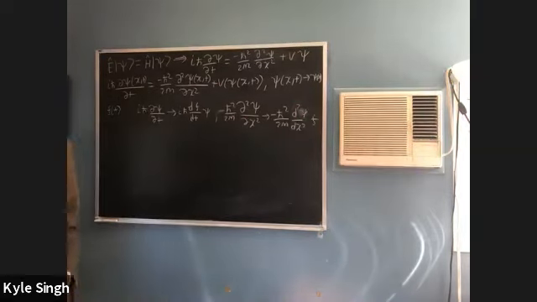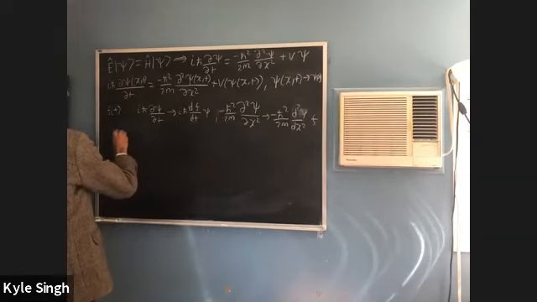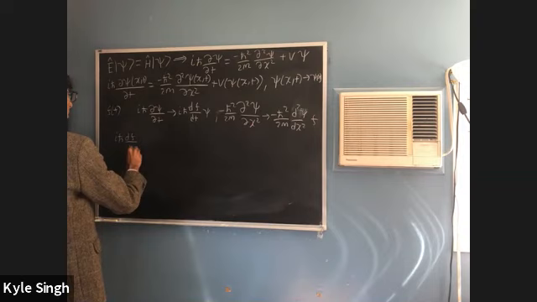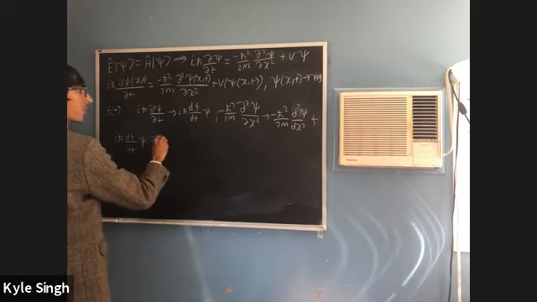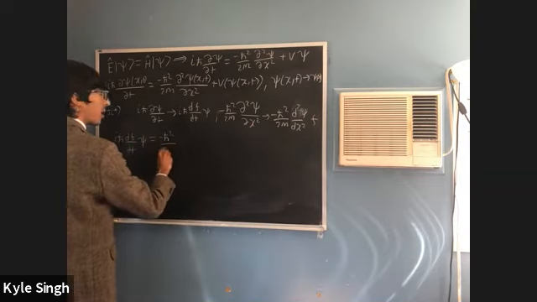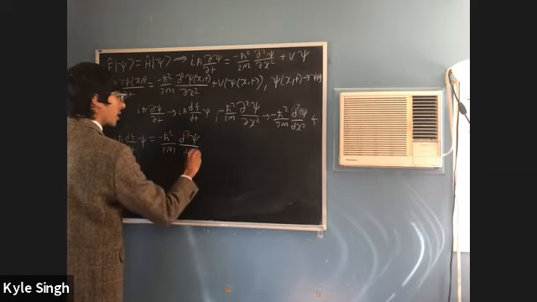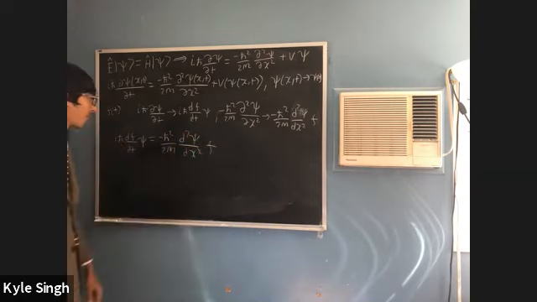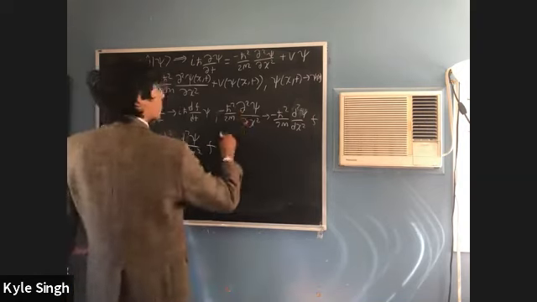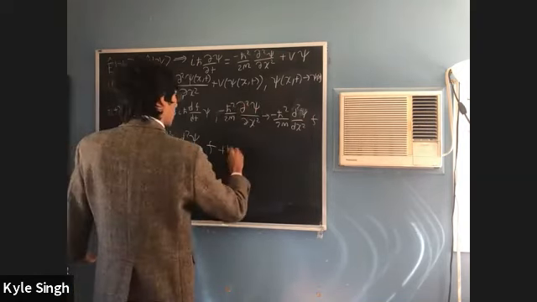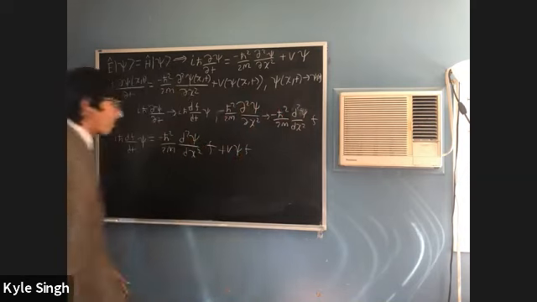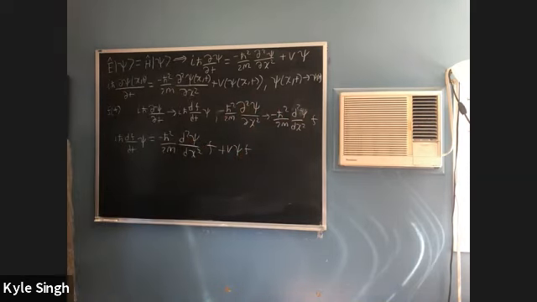And I get i h bar df dt psi equals minus h bar squared over 2m d2 psi dx squared plus V psi f. Okay, I'm silly with my notation.